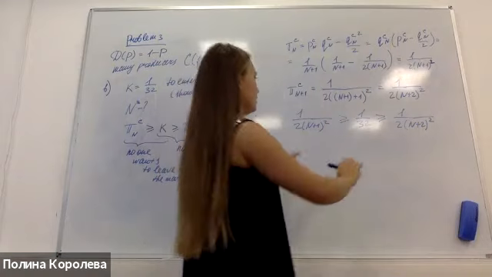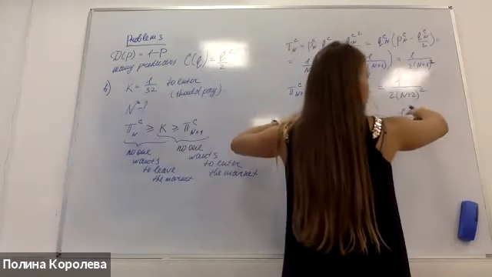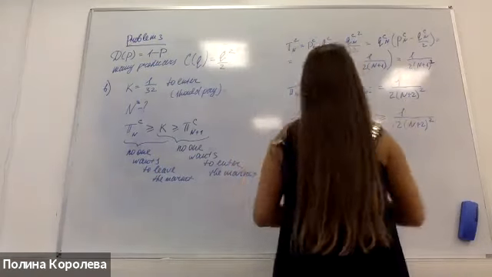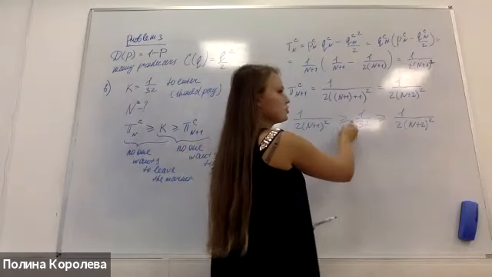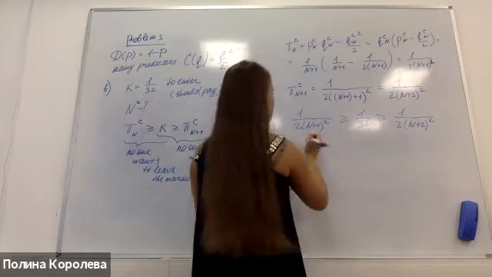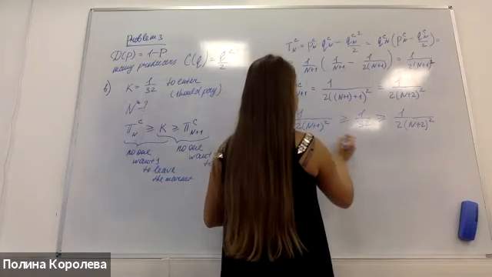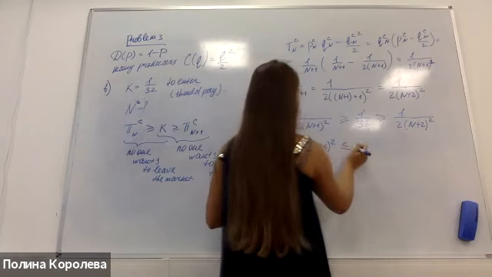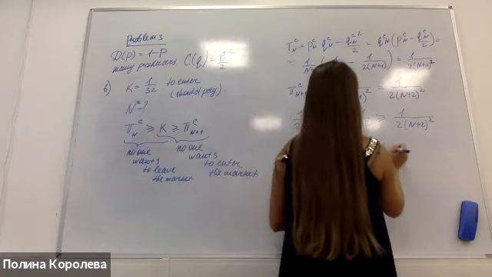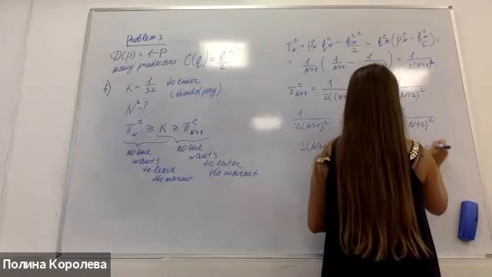We invert the parts and change signs. We will have 2 times n plus 1 squared less or equal to 32 less or equal to 2 times n plus 2 squared.